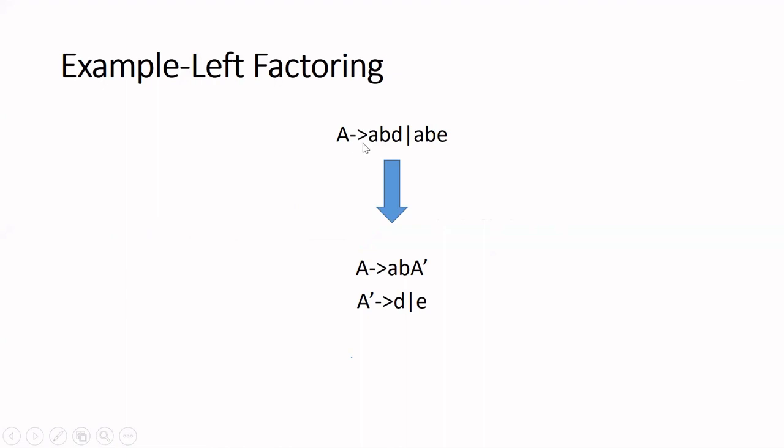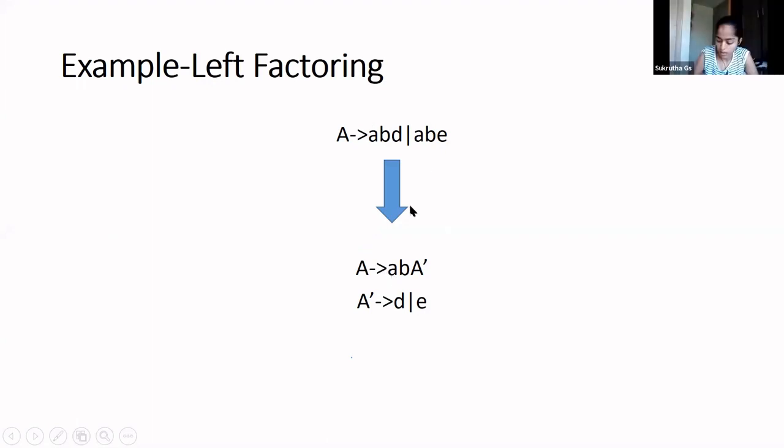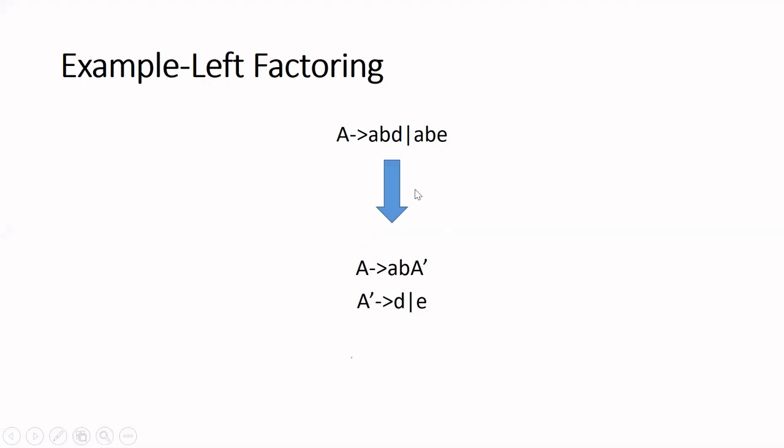A derives ABD or ABE. We will take AB common, and among these two options, D and E are different. So A derives AB A dash, and represent whichever is not common as a separate production with the name A dash. So A dash is whichever was different among this entire set of productions, that is D or E.